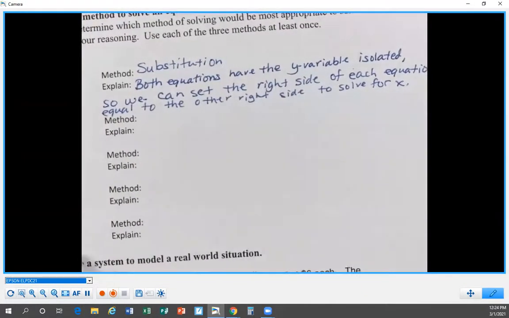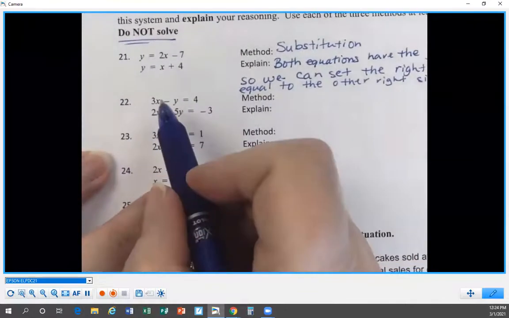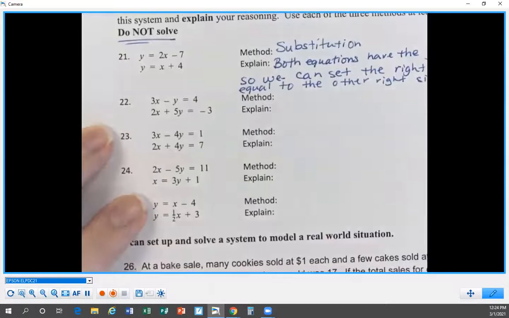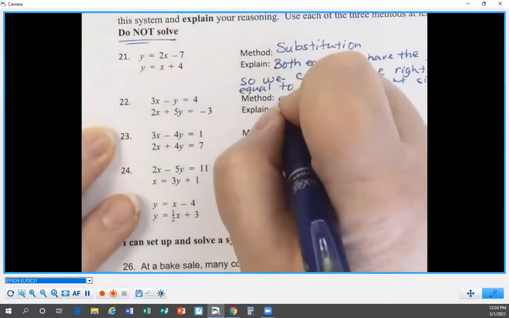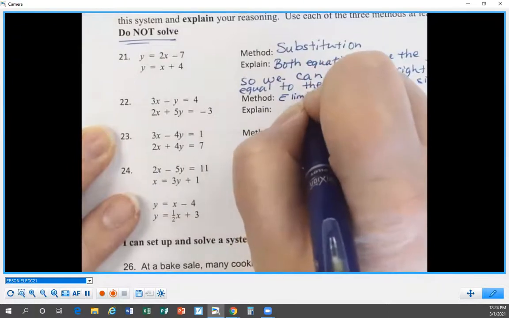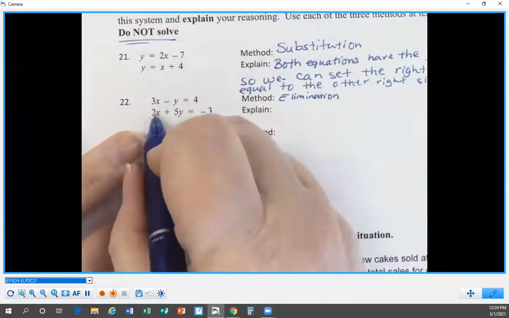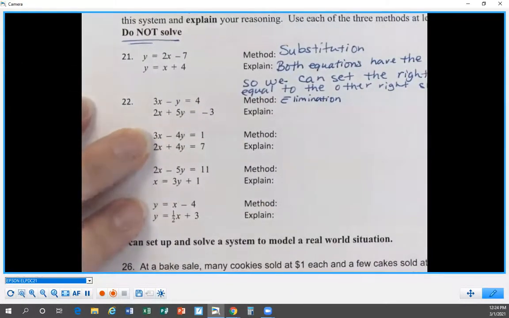Okay, number 22. These are both in standard form. The x's line up, the y's line up, the integers line up. So elimination will be a really easy method to use. They're already in standard form, so that is easy to cancel out an x or a y.